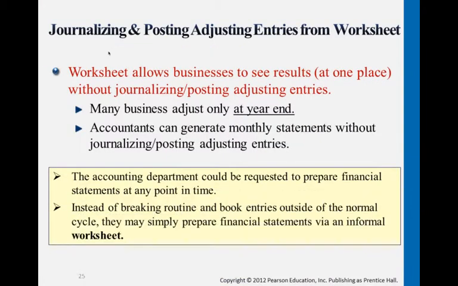Okay, so that's just additional information for you to know. Some companies do them on a monthly basis. Other companies find it very tedious and just do it all together when it reaches year end.